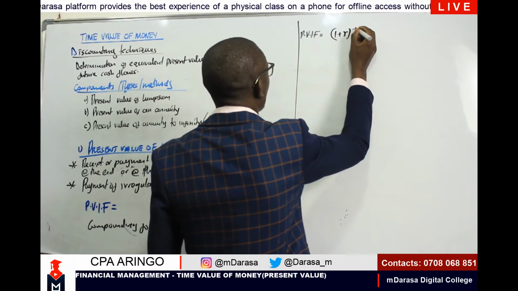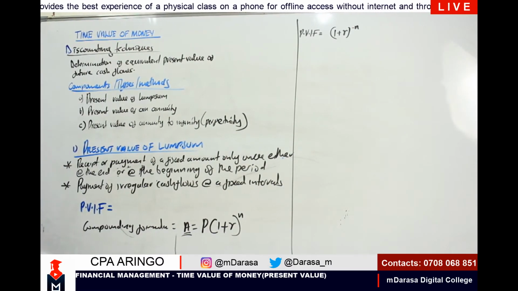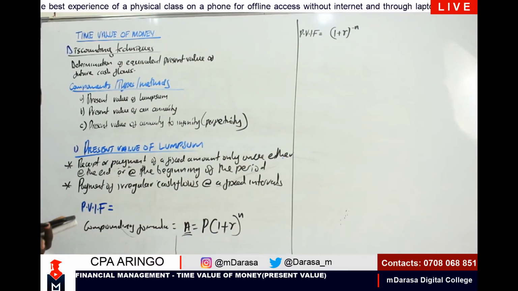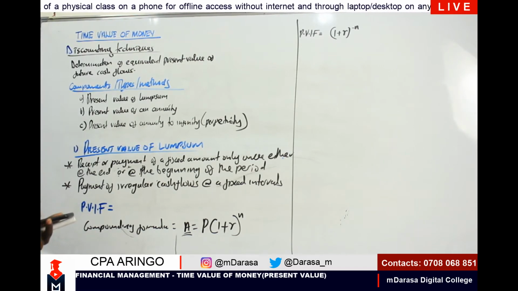This time I'm going to have negative n, the number of periods. We are looking at it today. So that is what you should be having.